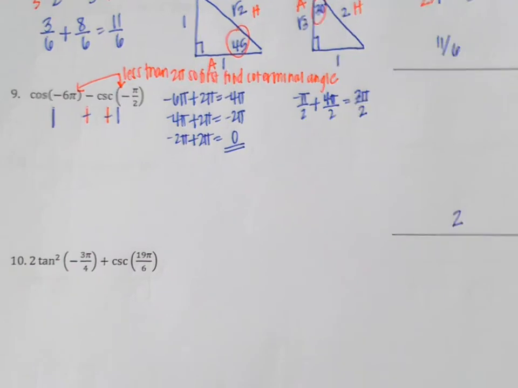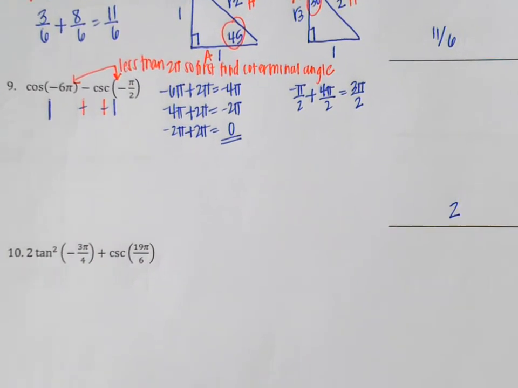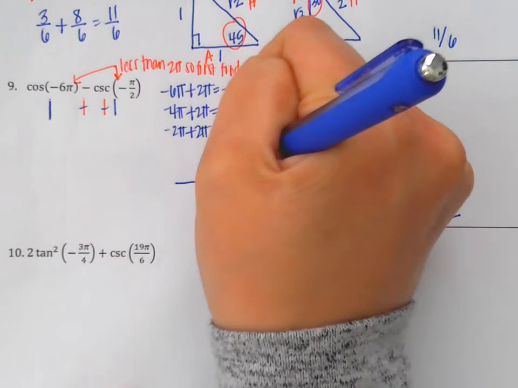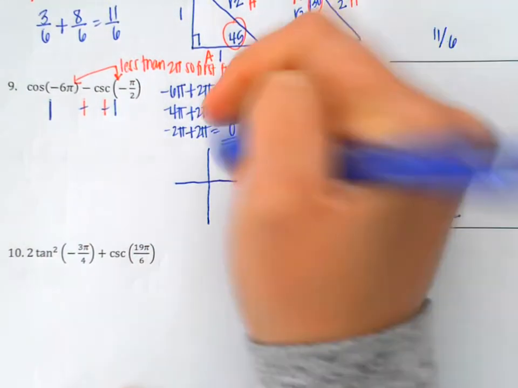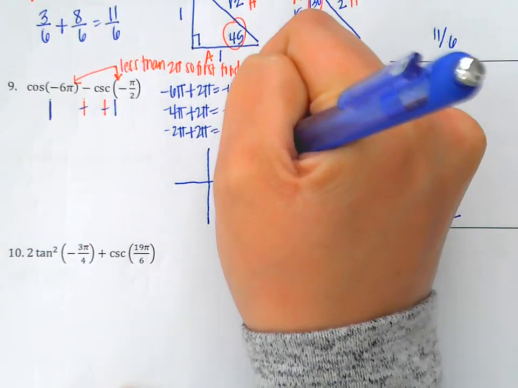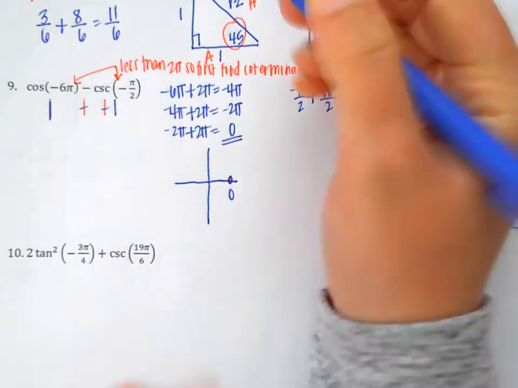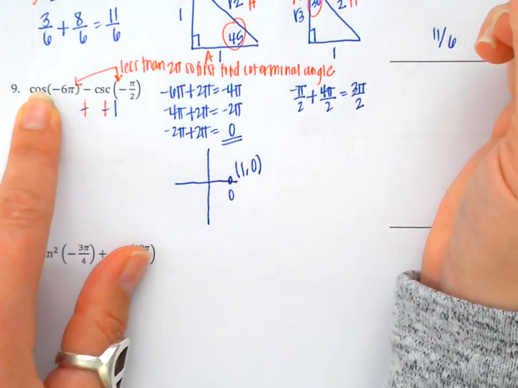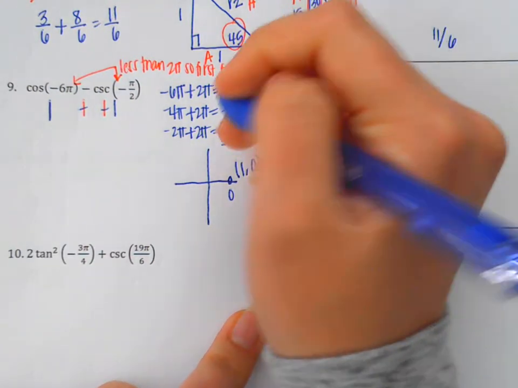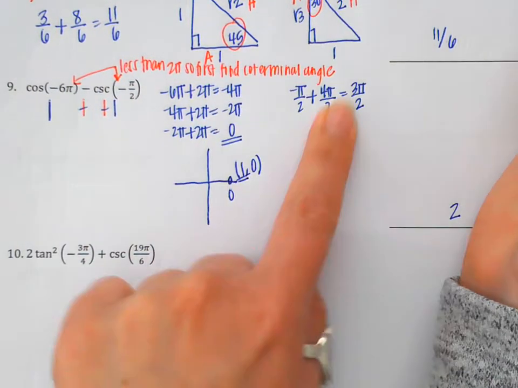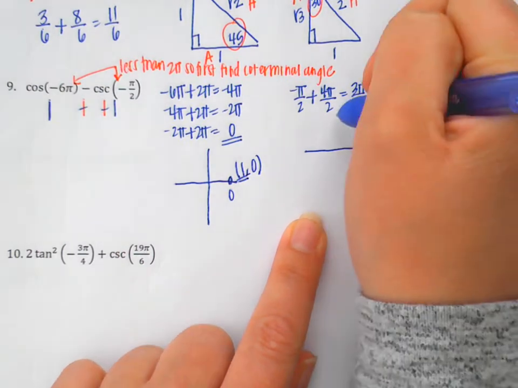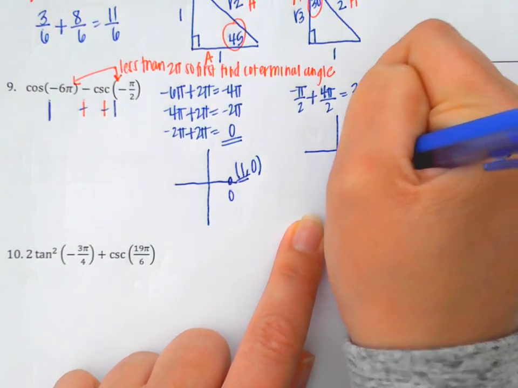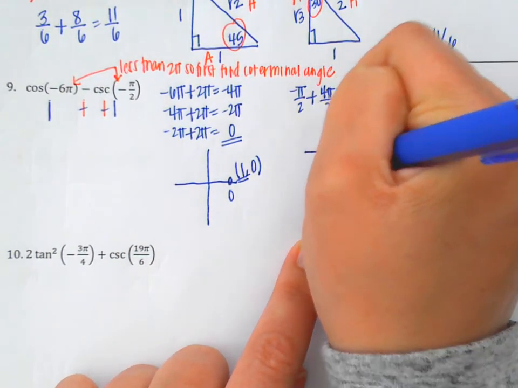Now, if I wasn't using the unit circle, I still have to think about the unit circle because I still have to think about those points. 0 is here, and then this point is at 1, 0. And cosine, remember, is looking at our x value. And then 3 pi over 2 is another special point that we have to have memorized.